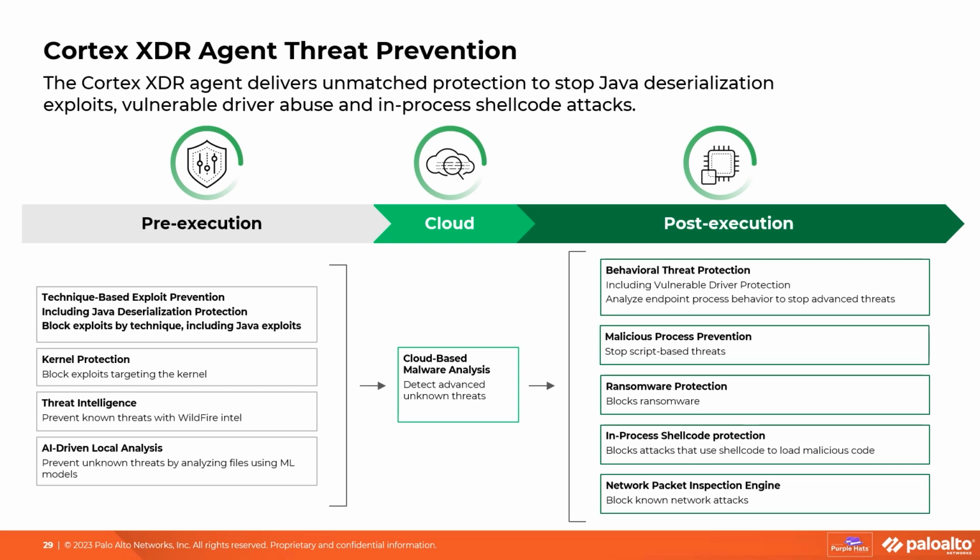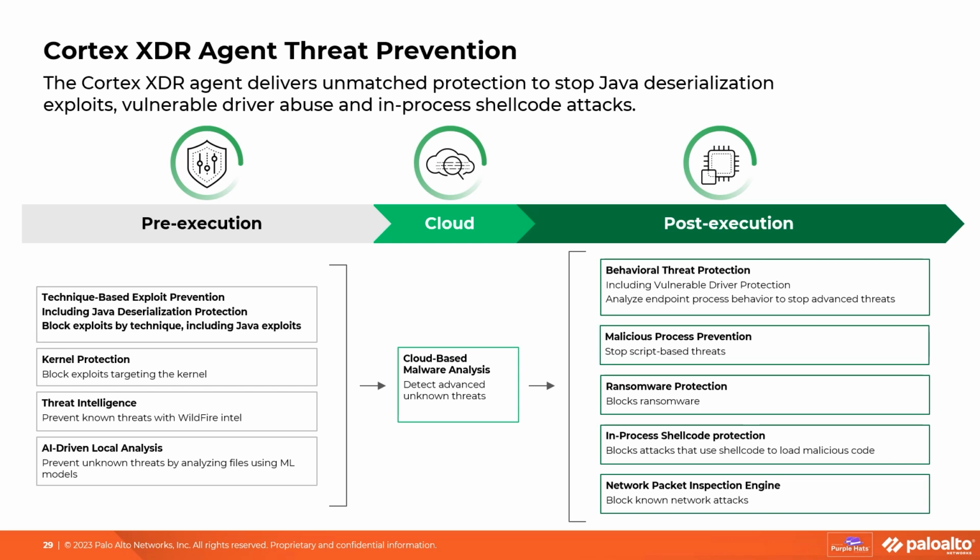One would be the technique-based exploit protection and prevention, which also includes the Java deserialization protection that allows us to block exploits based on the techniques. So, the Java deserialization module will allow us to prevent the Java exploits from the first section. It will also allow us to prevent the .NET exploits that we mentioned earlier as well.